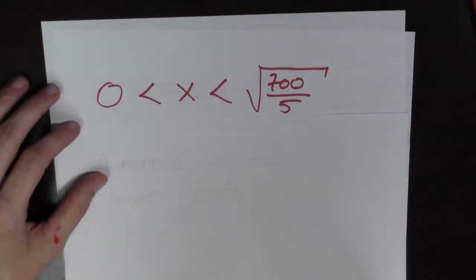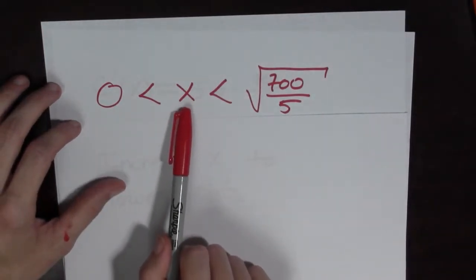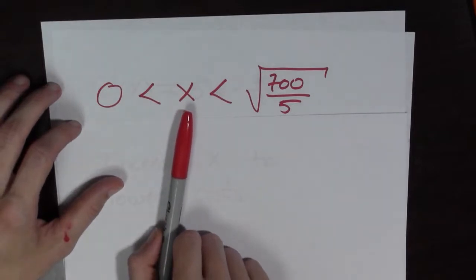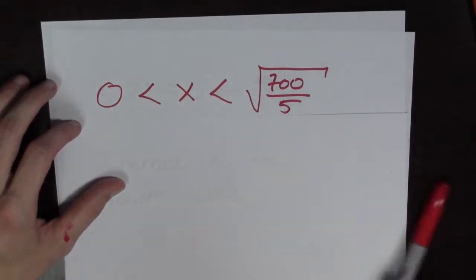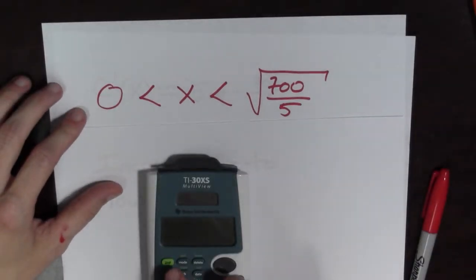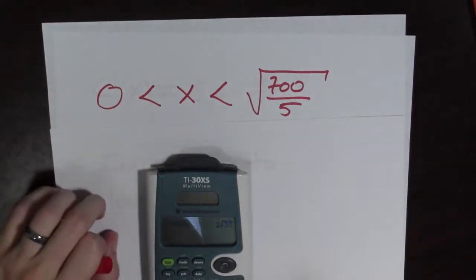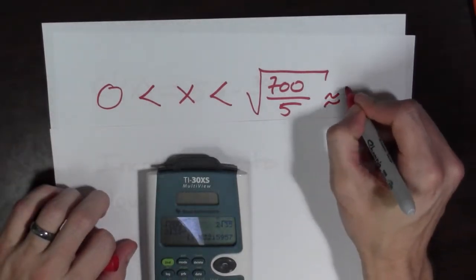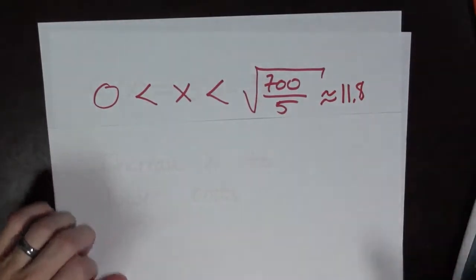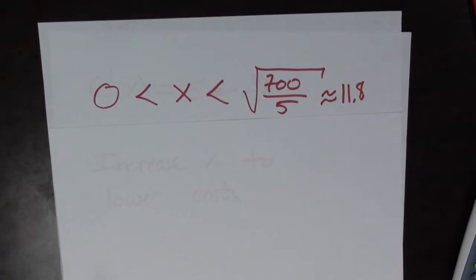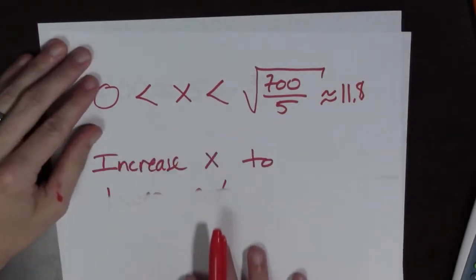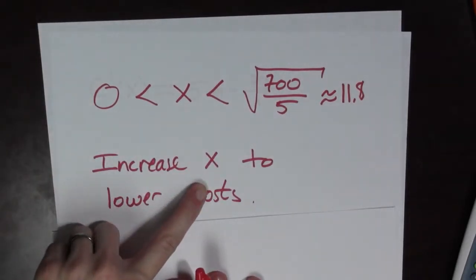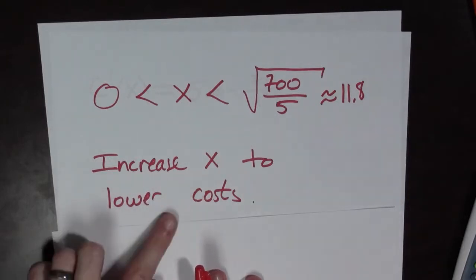Our former student says, hey, if the number of bags per order is between 0 and the square root of 700 divided by 5, which is 2 times the square root of 5, about 11.8, then we need to increase the number of bags per order per year to lower cost.